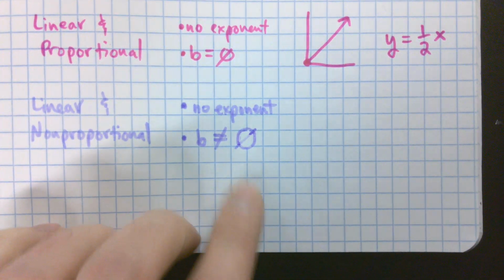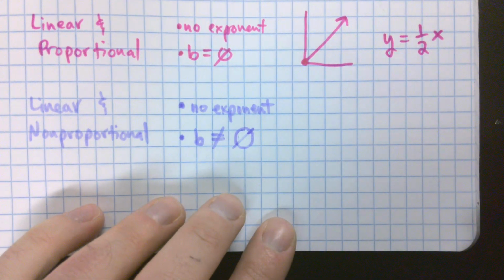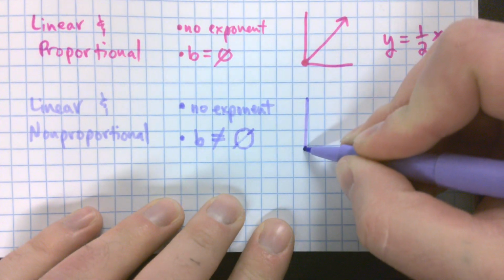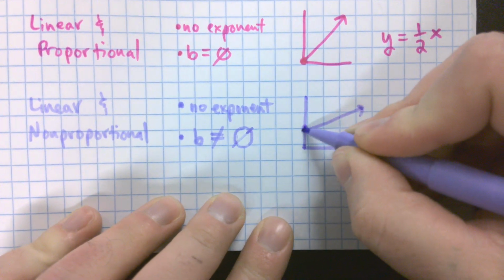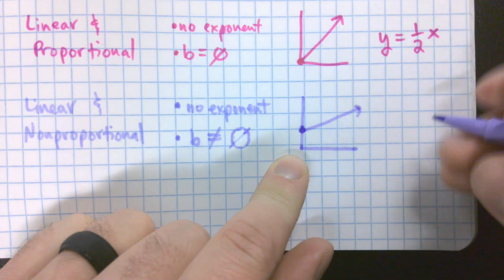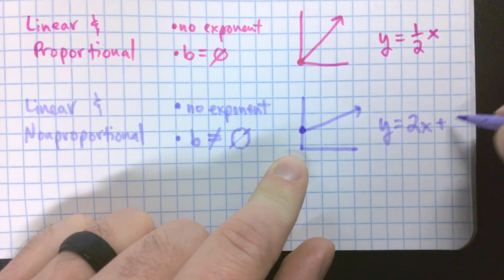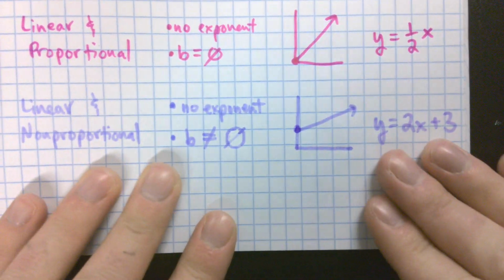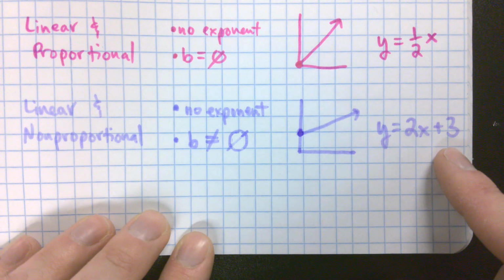B will not be equal to 0. So we'd have a line that looks something like that. Again, where we do not cross through the origin. And our equation would be something like y is equal to 2x plus 3. Right? I've got a b value being added on the end, but I still don't have an exponent in my equation.